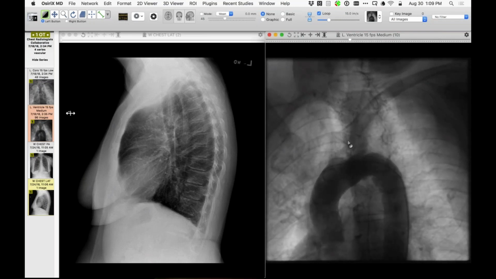There's actually an origin of the left carotid right there, so this is kind of a bovine anatomy. But that calcification right there is sitting right here at the origin of those vessels. So undoubtedly there is luminal stenosis of those vessels from that big calcification sitting right there. So just a nice example of anatomy on the lateral projection and where the calcifications are located.